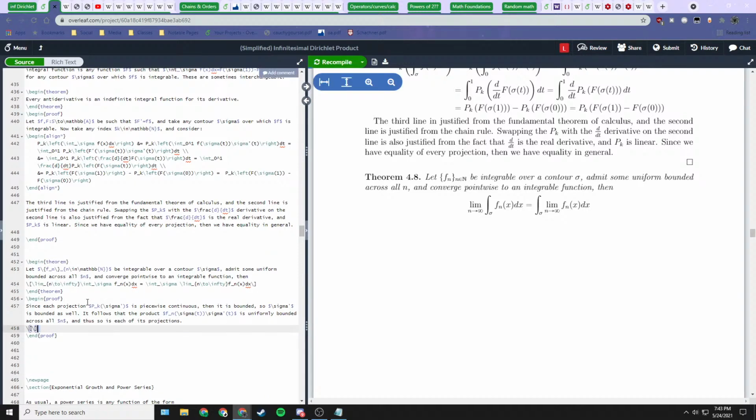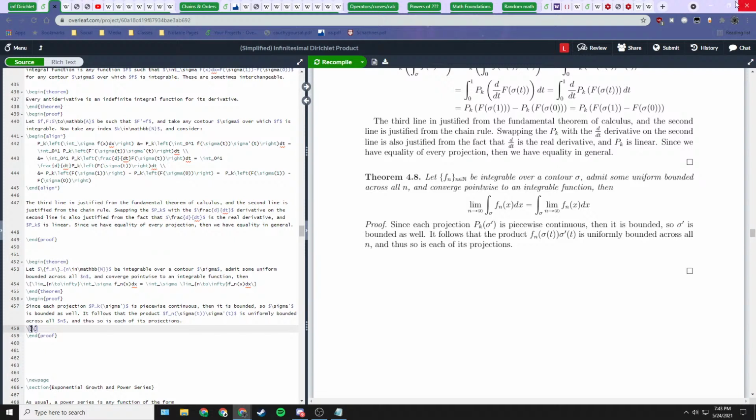So all of these projections are bounded, and then let's just take a projection of one of these, say some piece of k projection, and we're going to apply the dominated convergence theorem on every projection.